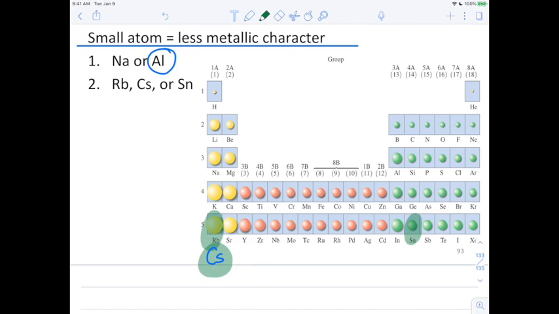We want to know which one will have the least metallic character. It looks like we already got a vote for tin, so go ahead and take a minute and then type in which one you think. Got a couple votes for tin coming through.